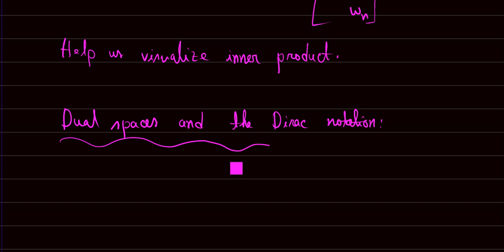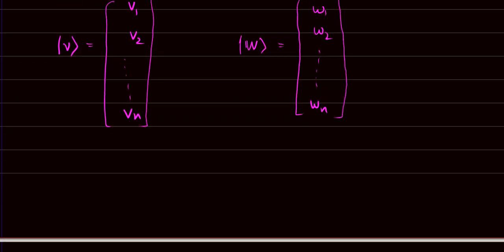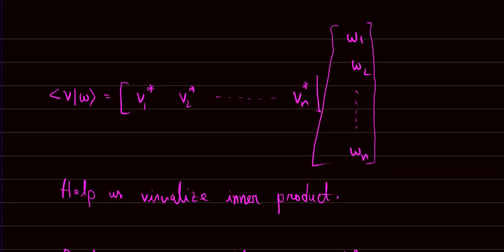If we focus on the matrix form, we can never get a number from the multiplication of two column vectors. So for representing inner product in matrix form, we need one row vector and one column vector.